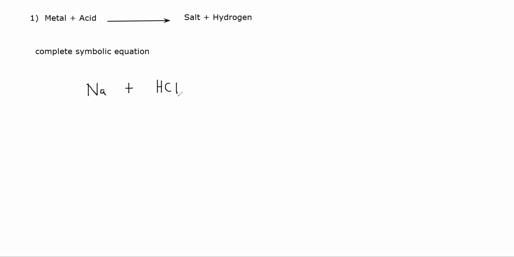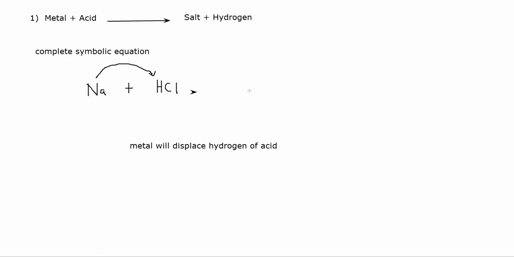So for example, sodium is reacting with hydrochloric acid. It's very simple to complete the product. What happened? The metal will displace the hydrogen. So the metal will displace the hydrogen of the acid.